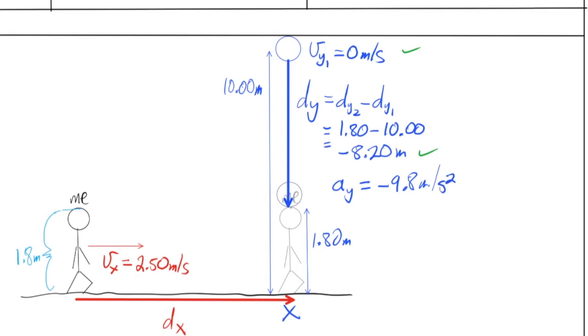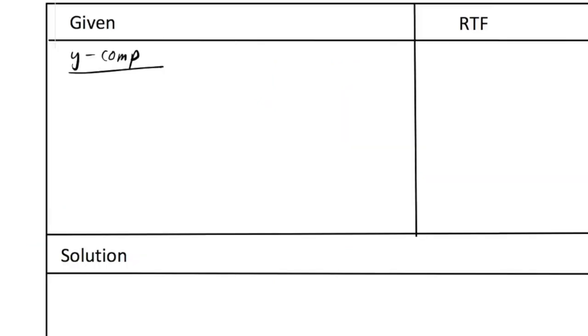Okay, so the good thing about that is now that we have 3 known things in the y-axis, we can find out what the other 2 are going to be. So what I'm going to do is pop back up into the given section and start filling in this information. I'm going to break up my given section into the y-axis and the x-axis, and I call it the y component. So I've got dy, vy1, vy2, acceleration in the y, and t in the y.